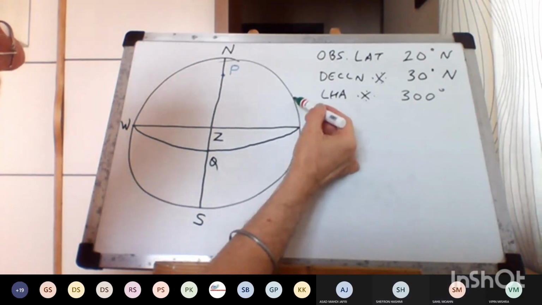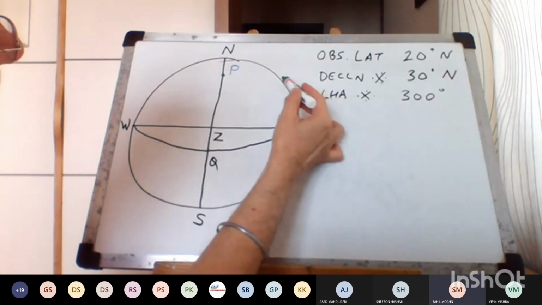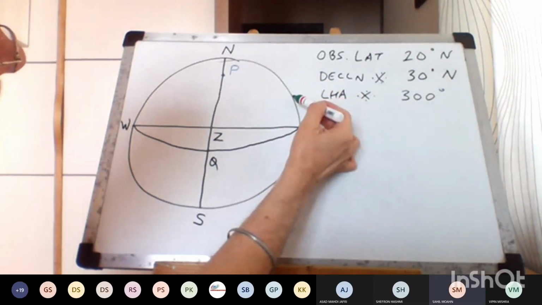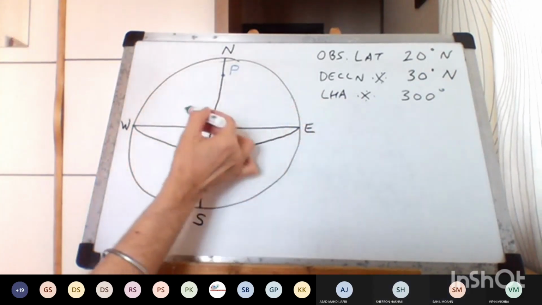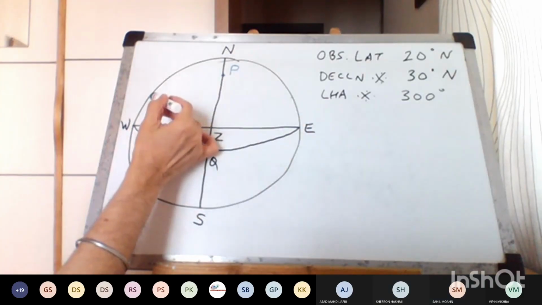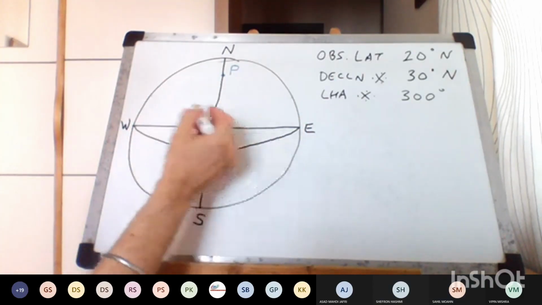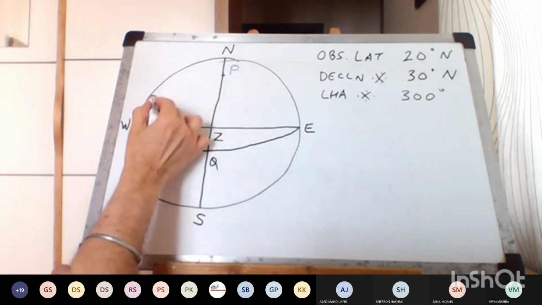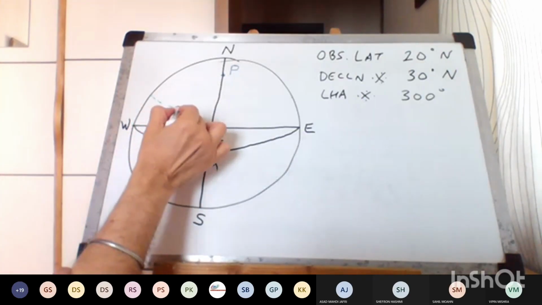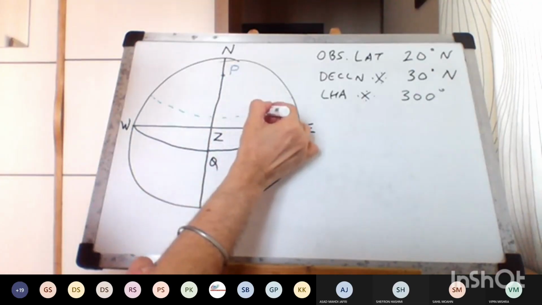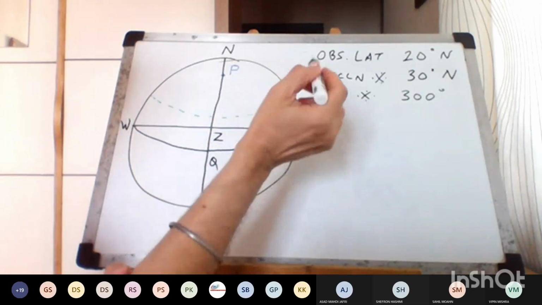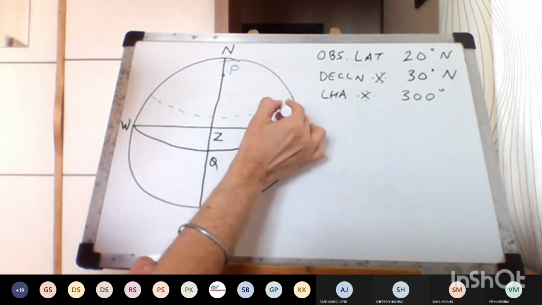Should it be below zenith or above zenith? Above zenith by 10 degrees. Very good. This should be the path, right? Yes. Because the declination is more than the latitude, the path of the body will be something like this. Beautiful.